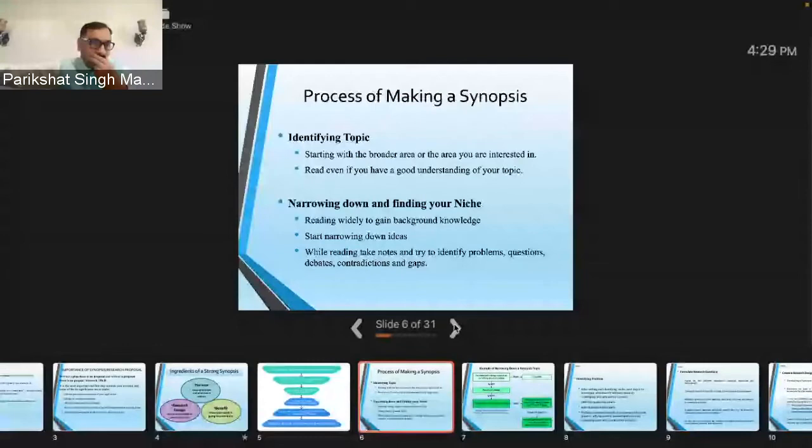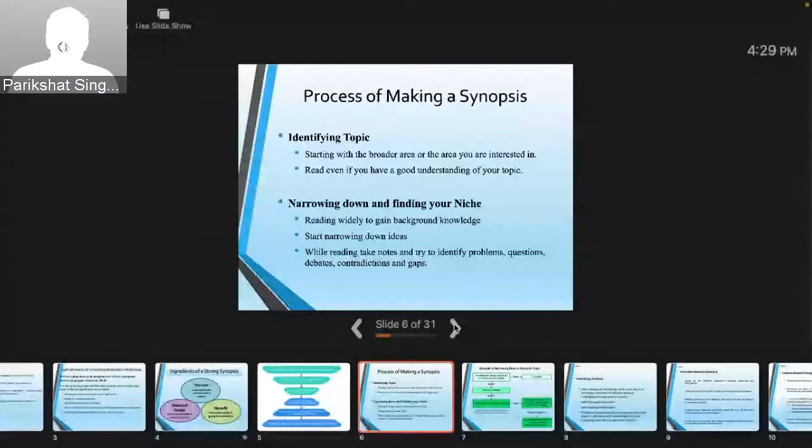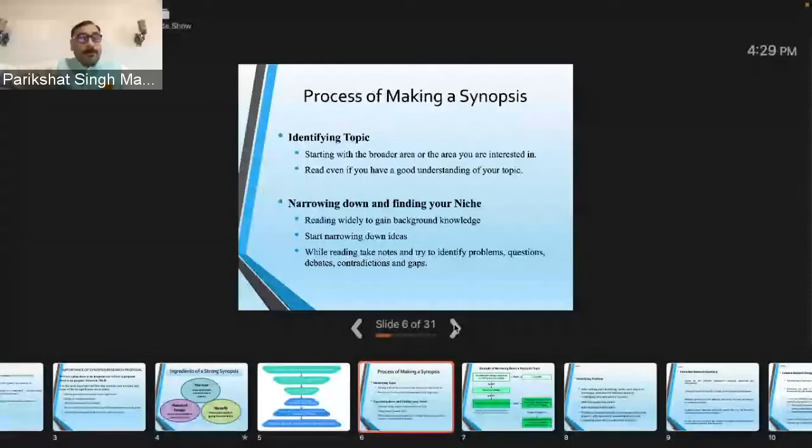All this research is adding to the knowledge of that particular subject area or topic. So read even if you have good understanding of your topic. That's a very important aspect, because we always miss out something.